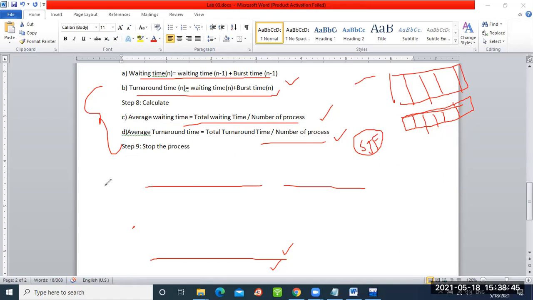Apart from that, there is an additional question. You have to make changes in the FCFS algorithm such that arrival times are considered. Based on the arrival time, you have to calculate the average waiting time and average turnaround time. So is it clear to all of you?